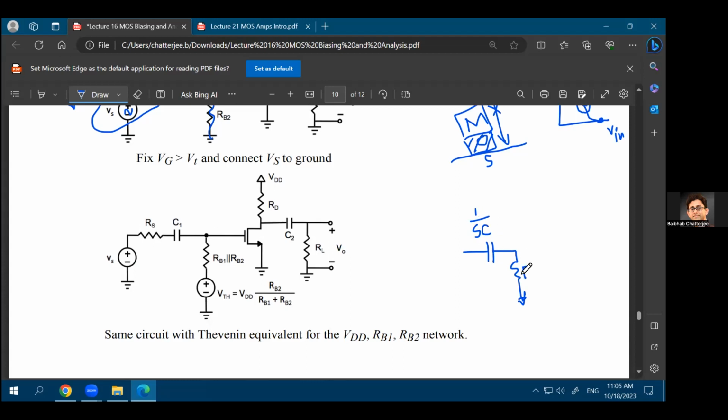The impedance of the resistance is R. The voltage that you develop, so if this is your V in, the voltage that you develop at the output, let's call it V out, would be equal to R divided by 1 over SC plus R, correct? Which you can write as SCR divided by 1 plus SCR.